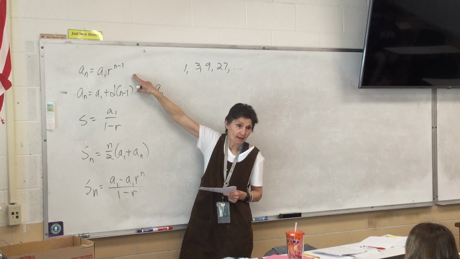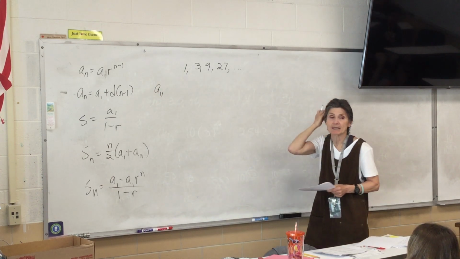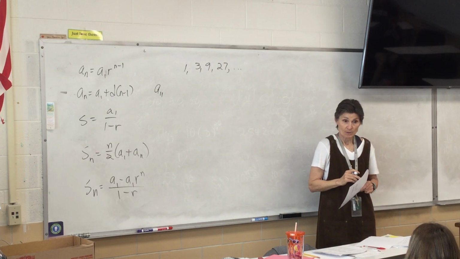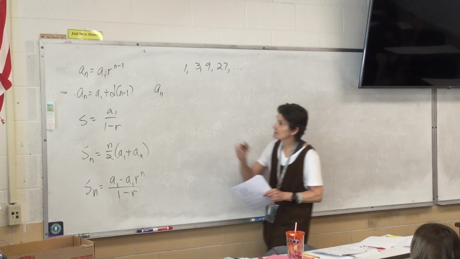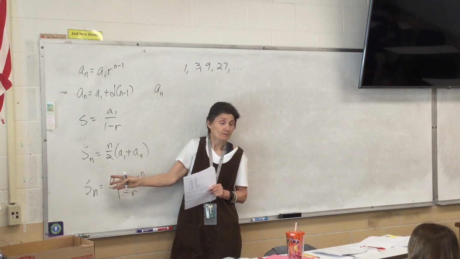A sub 11. So look at your sequence. What's happening? Multiplying by 3. So that makes it geometric, which means I'm going to use the very top formula in my list.